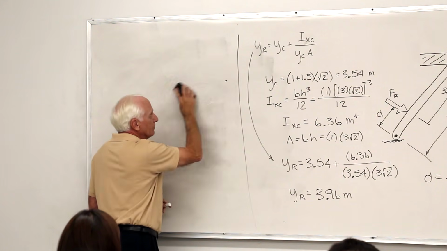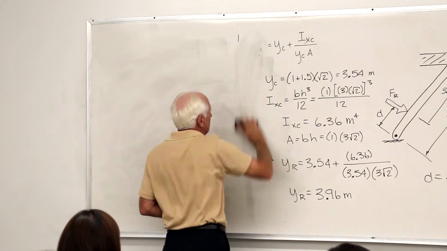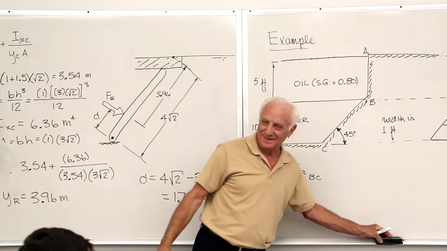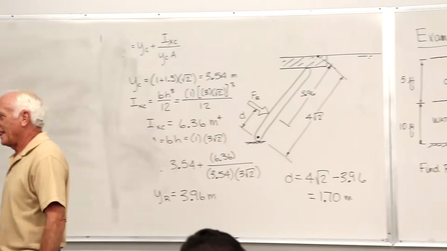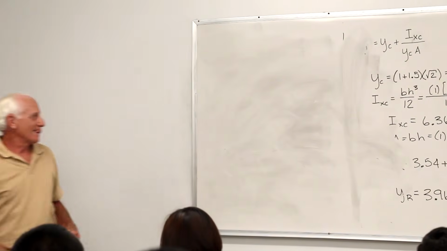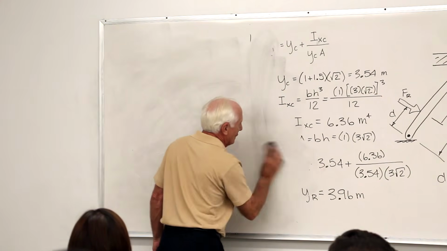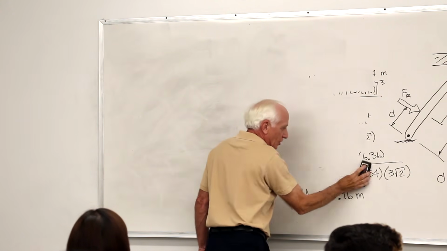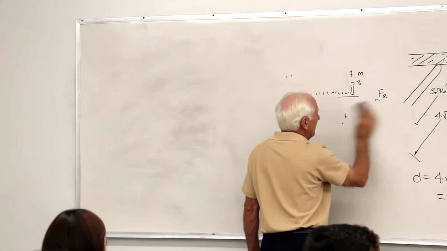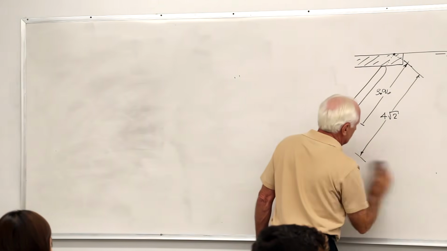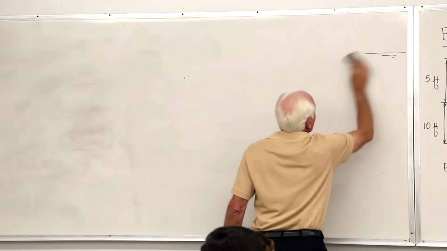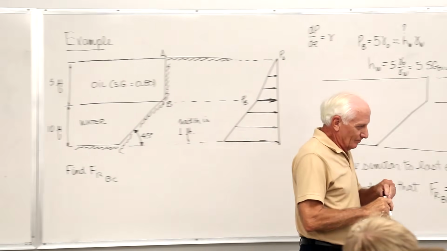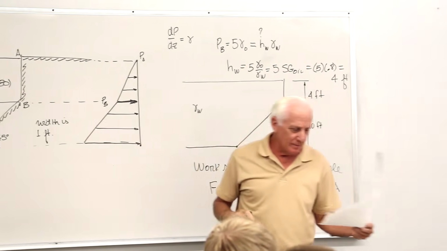Simpler problems are submerged rectangular surfaces especially. Okay, so I'm going to work this problem side by side, 2 different ways. We've done it one way already, so I'll do it again.